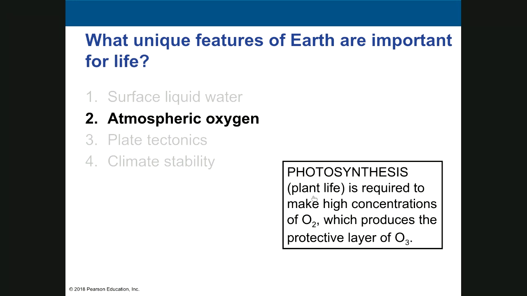They'll oxygenate the atmosphere with O2, and then over time that O3 layer will form. Ozone, this protective layer of O3, can absorb highly charged particles, and it can keep us safe from external, cosmic sources of high energy particles.